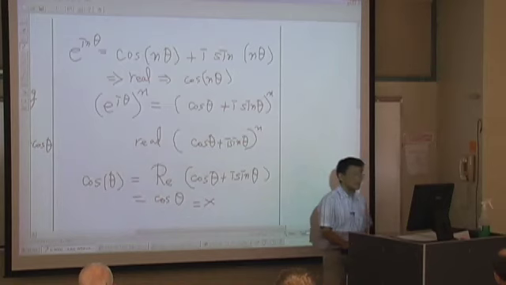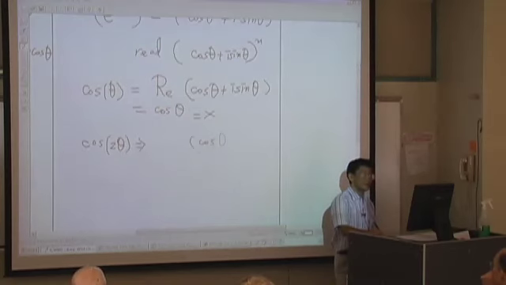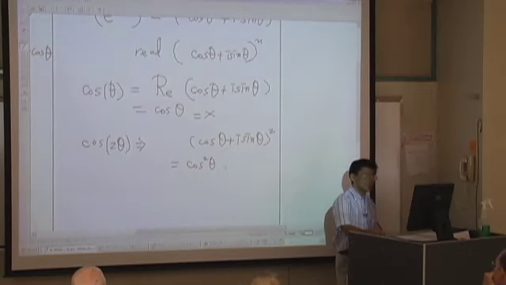Cosine 2 theta equals the real part of cosine theta plus i sine theta, squared. So if we square it, then cosine squared theta, plus 2i sine theta cosine theta, and then minus sine squared theta.